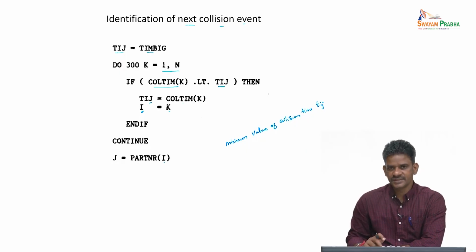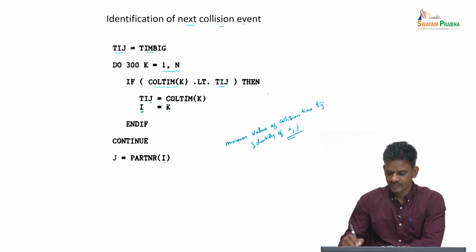We get the least value of Tij, and the identities of I and J are also known.